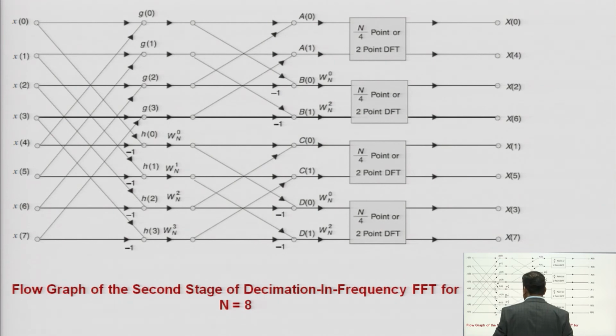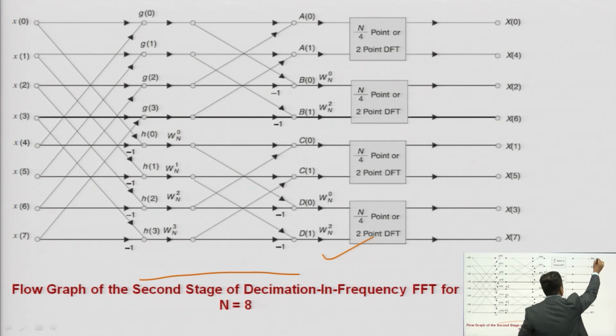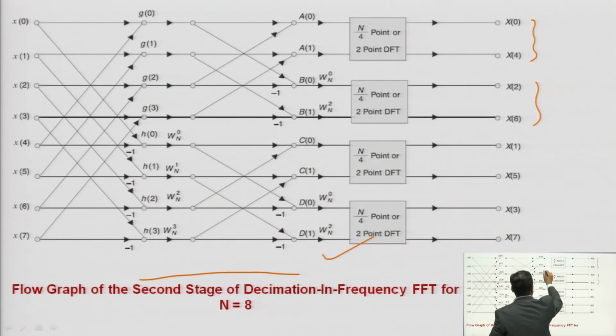Now, this will be the equation, and after the second stage of decimation, this type of flow graph you will get here. Okay. Now, x 0 x 4, this is your n by 4 point DFT or 2 point DFT you can say, then x 2 x 6 corresponding 2 point DFT here. This is a 0 a 1, b 0 b 1, similarly c 0 c 1 and d 0 d 1.